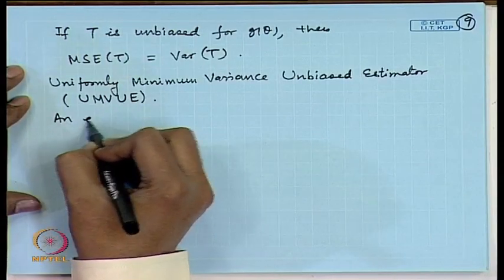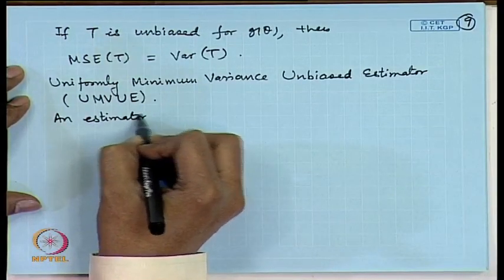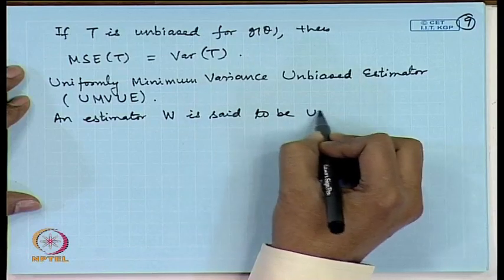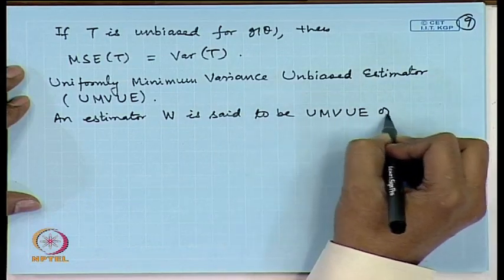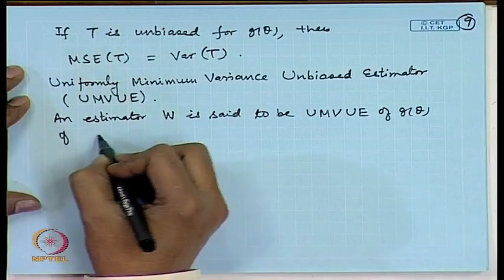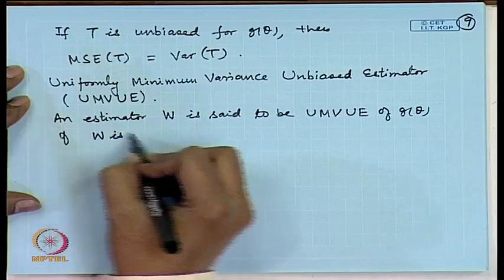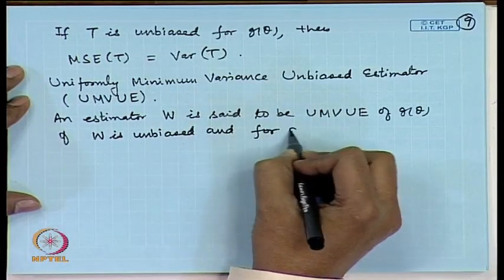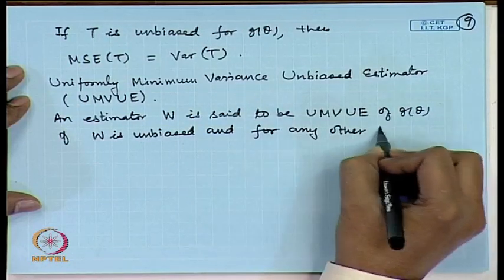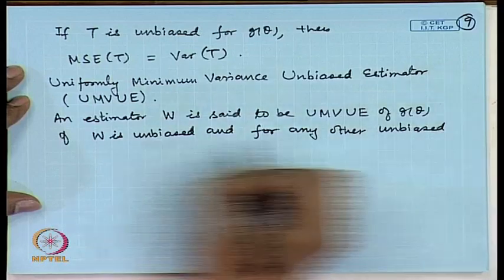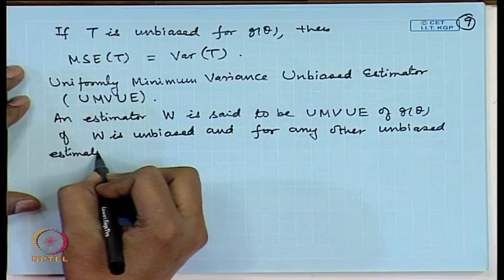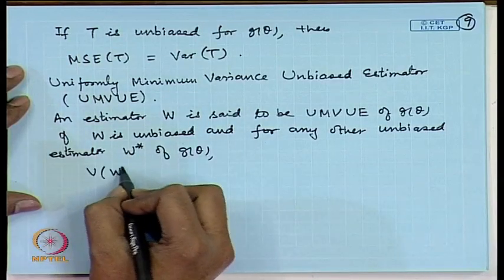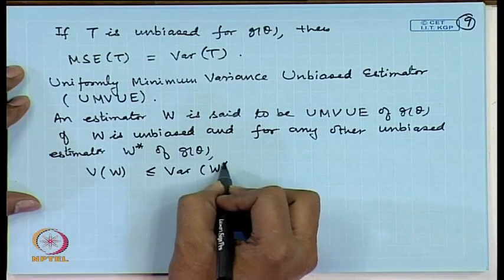So, an estimator W is said to be UMVUE of say g theta if W is unbiased and for any other unbiased estimator, say W star of g theta, variance of W will be less than or equal to variance of W star.